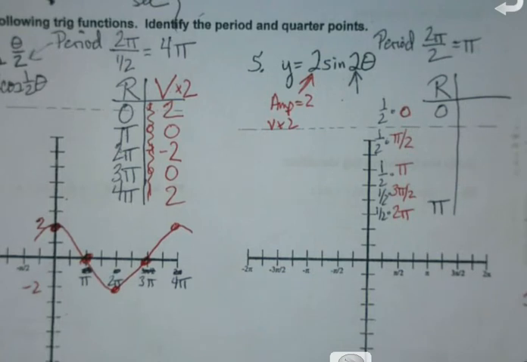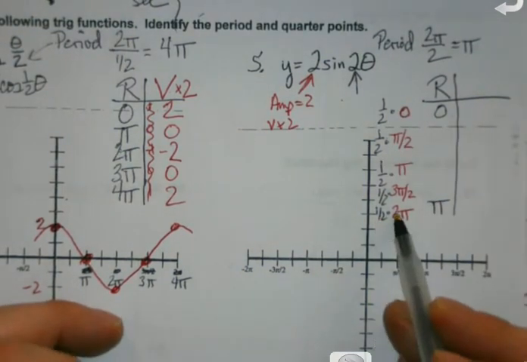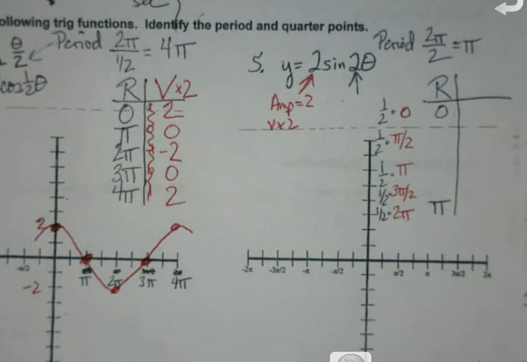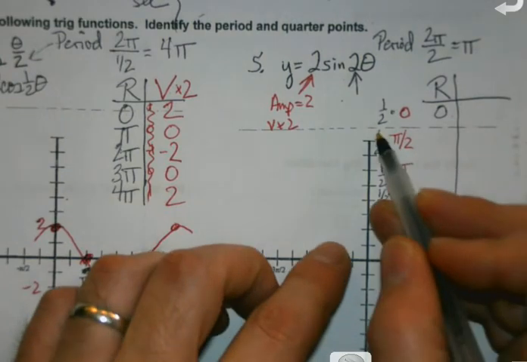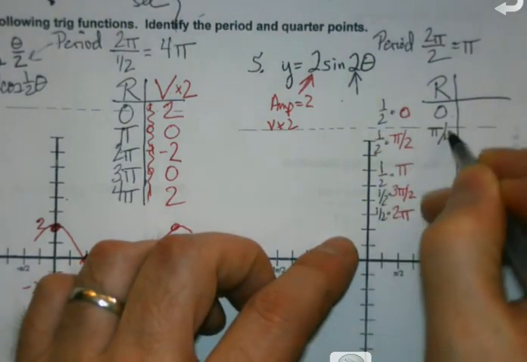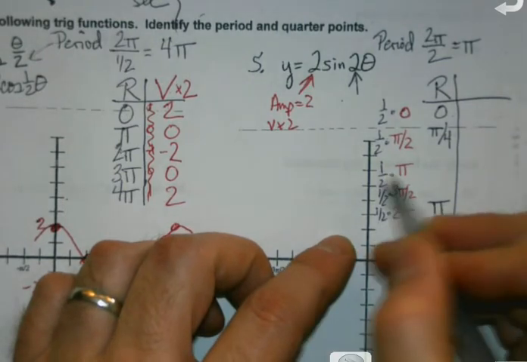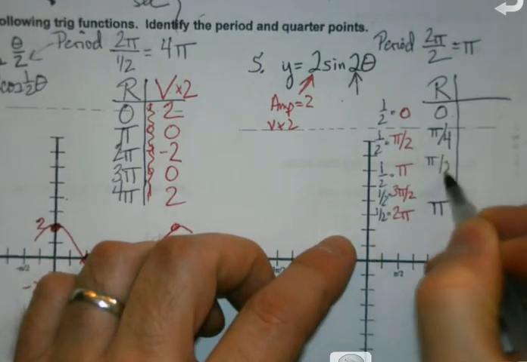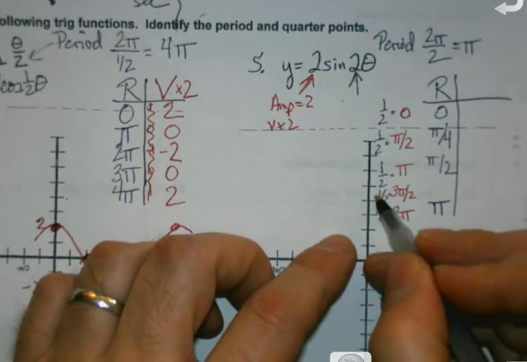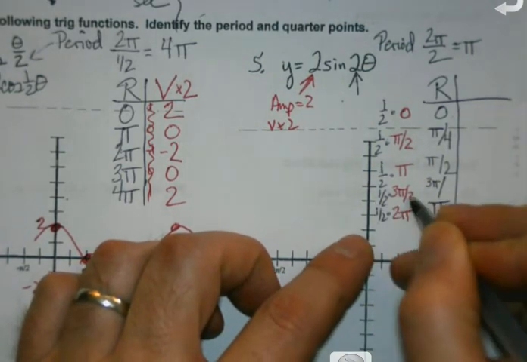Because I look at the 2 that I already have, half times 0 would be 0. 1/2 times 2 would be 1 pi. Okay, this makes sense. And now I can visually see where all these values are going to come from. 1 times pi would be pi. 2 times 2 is 4. 1 times pi is pi over 2. 1 times 3 pi is 3 pi over 2 times 2 is 4.